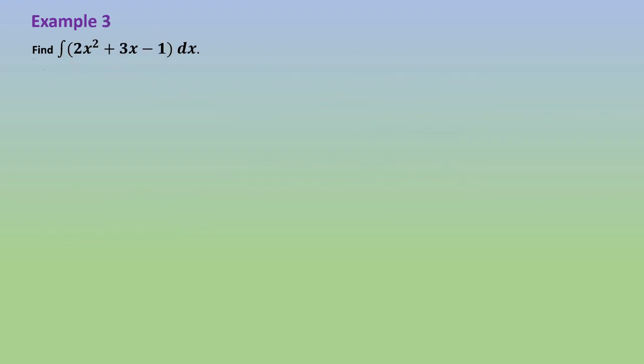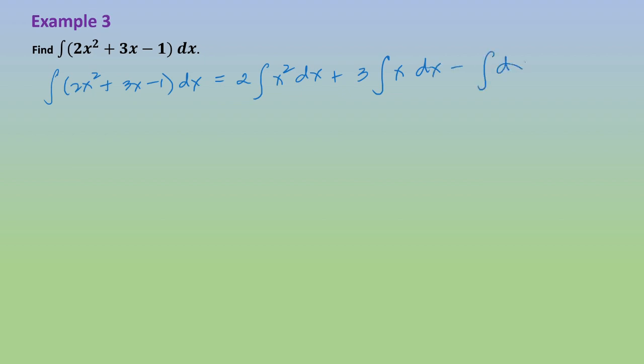Another example, let's say we have to get the integral of 2x squared plus 3x minus 1. We can do this by the constant multiple rule. This would be 2, and then the integral of x squared dx, plus 3, integral of x dx, minus the integral of dx.